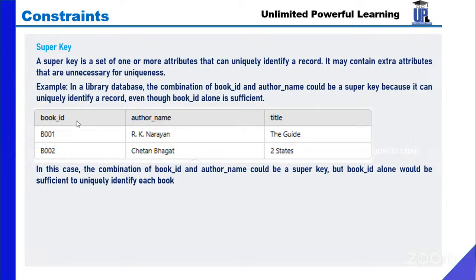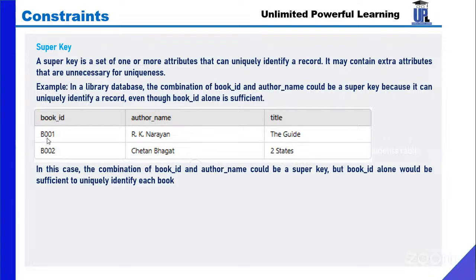So book ID alone is sufficient in some situations. When you combine them, that can be made a primary key, but book ID is sufficient to identify the record. That means it is a super key. Book ID is able to identify without combining with author name, so that is also a possibility.